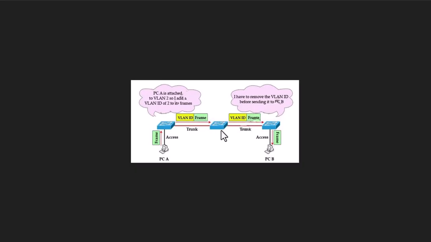And from here, it's the same thing. This switch and PCB, there is also a VLAN ID, and then it will be removed from the packet when it goes to PCB. So that is actually the function of the trunk.